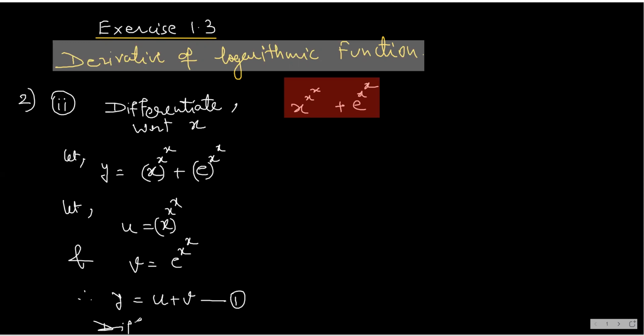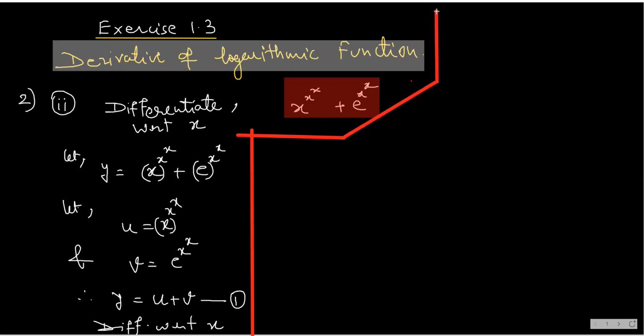I write here, differentiating with respect to x. Definitely, if you take this as u and this as v, y will become u plus v. Now, when you differentiate both sides with respect to x, you get d by dx of y equals d by dx of (u plus v).